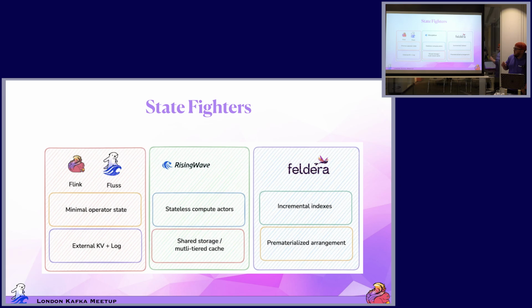With RisingWave, it's pretty similar to Flink with Fluss, but the idea is, well, it's an oversimplification because they have a lot of different changes, but to give you the simple idea, imagine that you have stateless compute actors, but the shared storage is backed by a multi-tiered cache. So it's okay, I do the same as Flink and Fluss, but in the end, it's all cached.